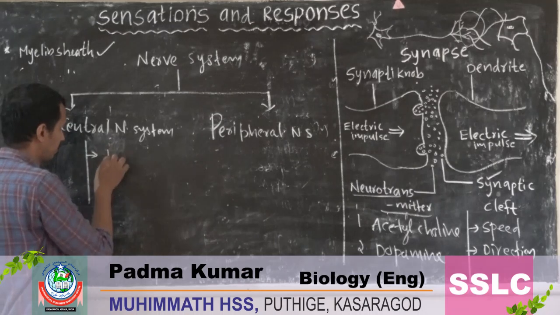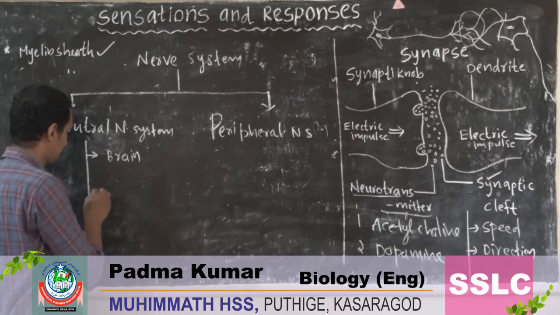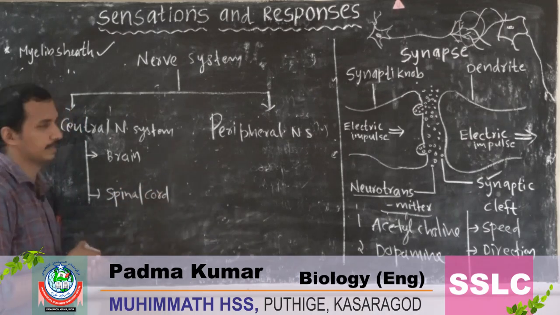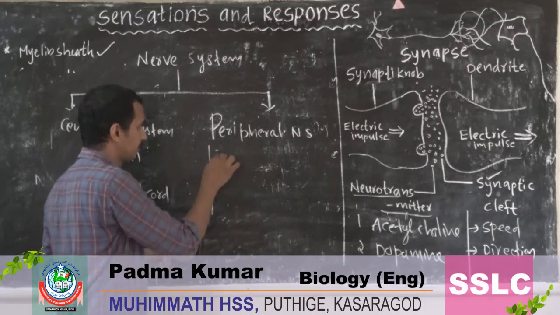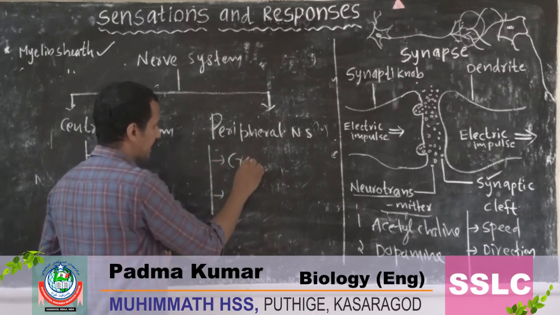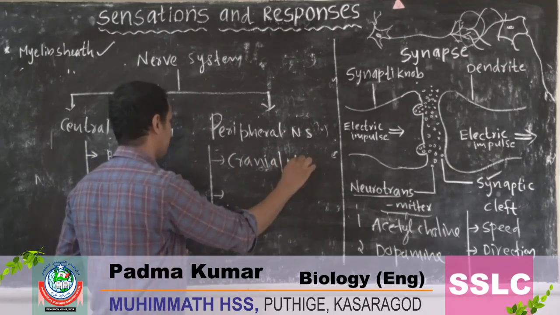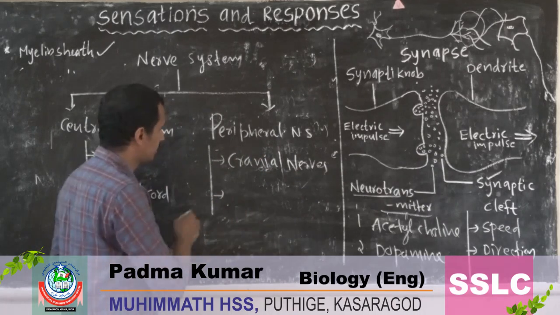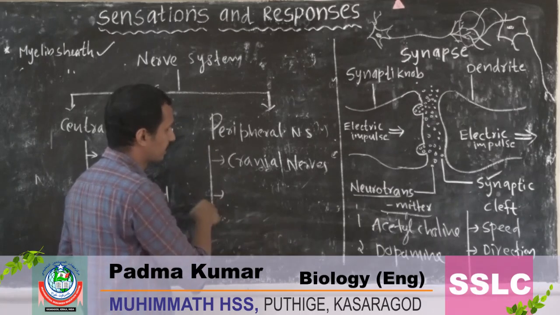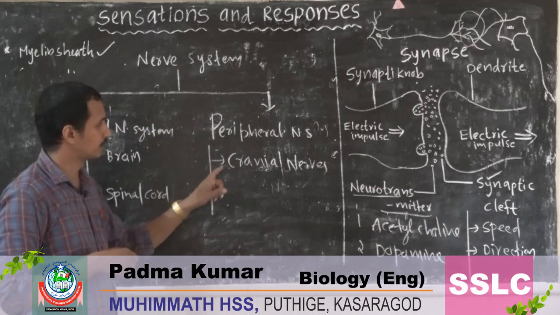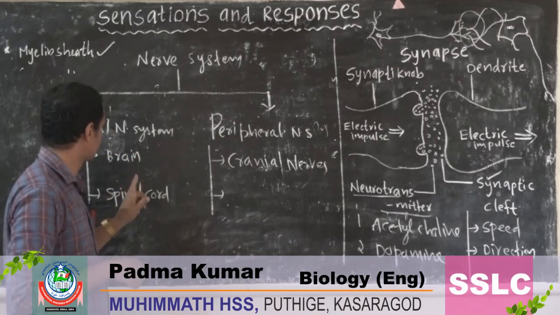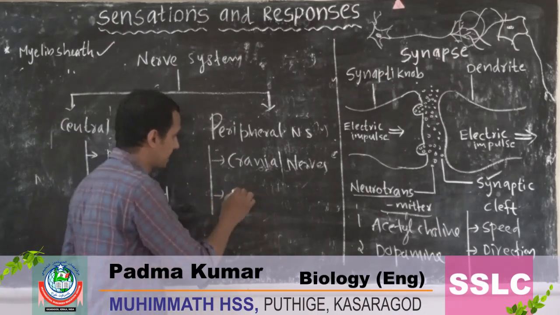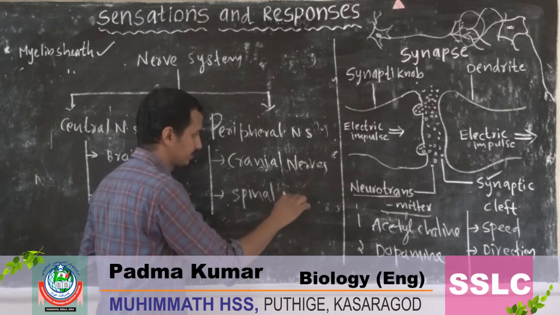Central nerve system includes brain and spinal cord, whereas peripheral nerve system includes cranial nerves and spinal nerves.